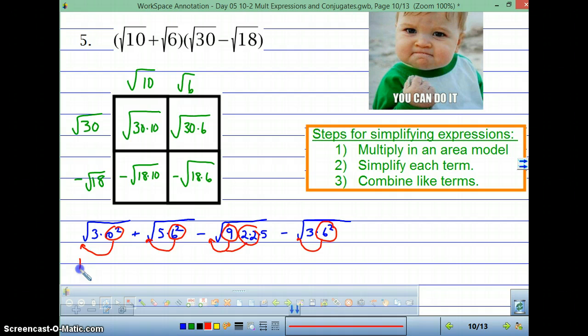So we end up with 10 root 3 plus 6 root 5 minus square root of 9 is 3 times 2 root 5 minus 6 root 3.